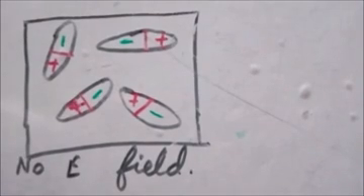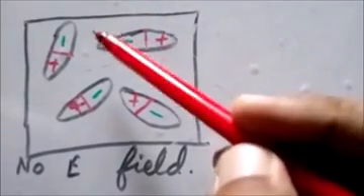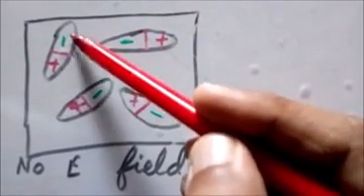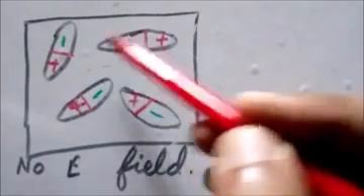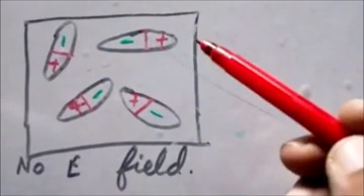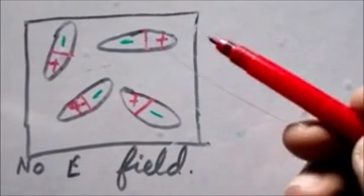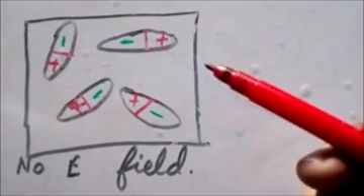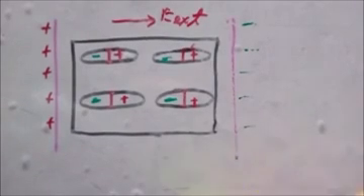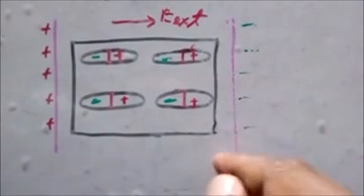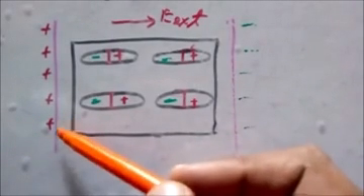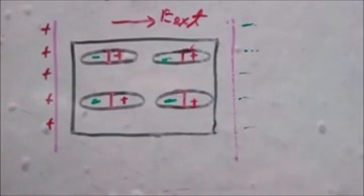Let's study polar molecules. Even though there is no electric field, the positive and negative charges are there. They are separated, we know, and they are in random directions. See that each one is in a different direction. Now let us see what will happen if we apply an electric field. There are two metal plates here, or two sheets. The first sheet we give positive charges, in the second sheet we have negative charges.